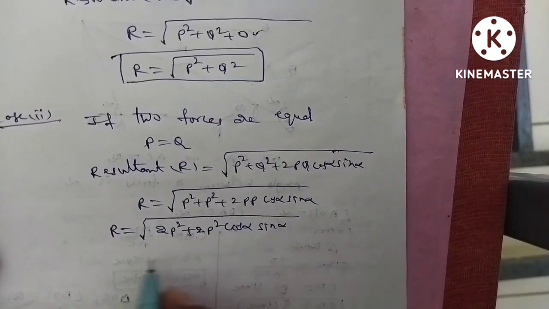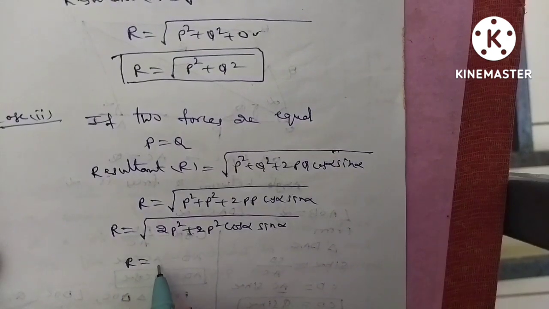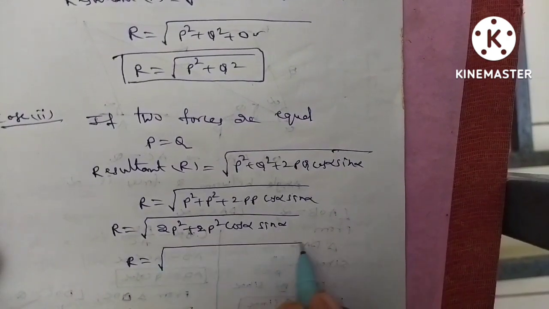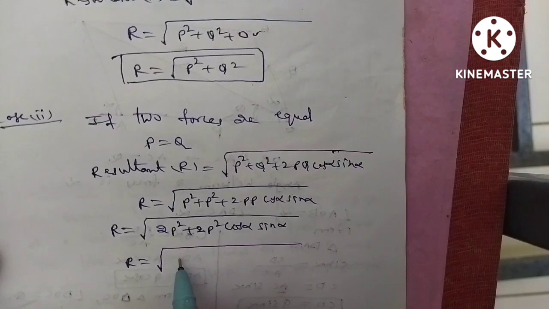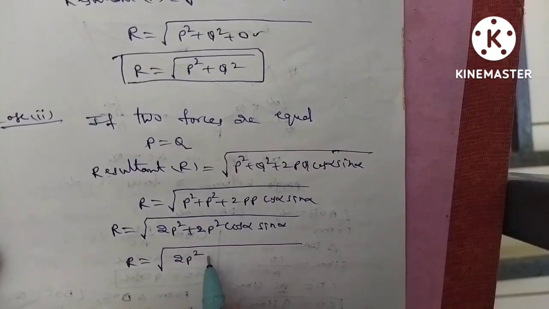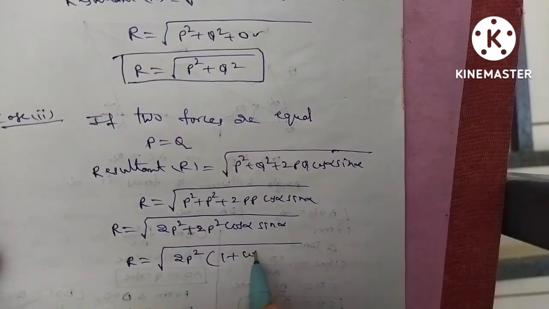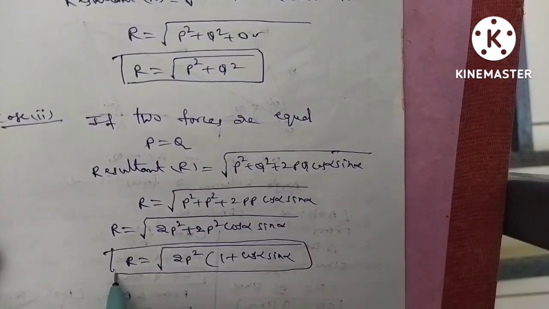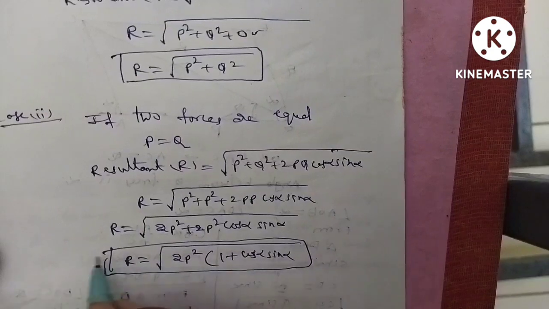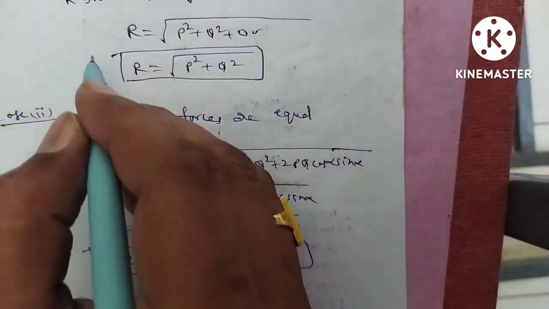In both the terms we have 2p square common. Take 2p square as common: 2p square of 1 plus cos alpha. So this is the equation for resultant of two forces when the two forces are equal, the P is equal to Q condition.